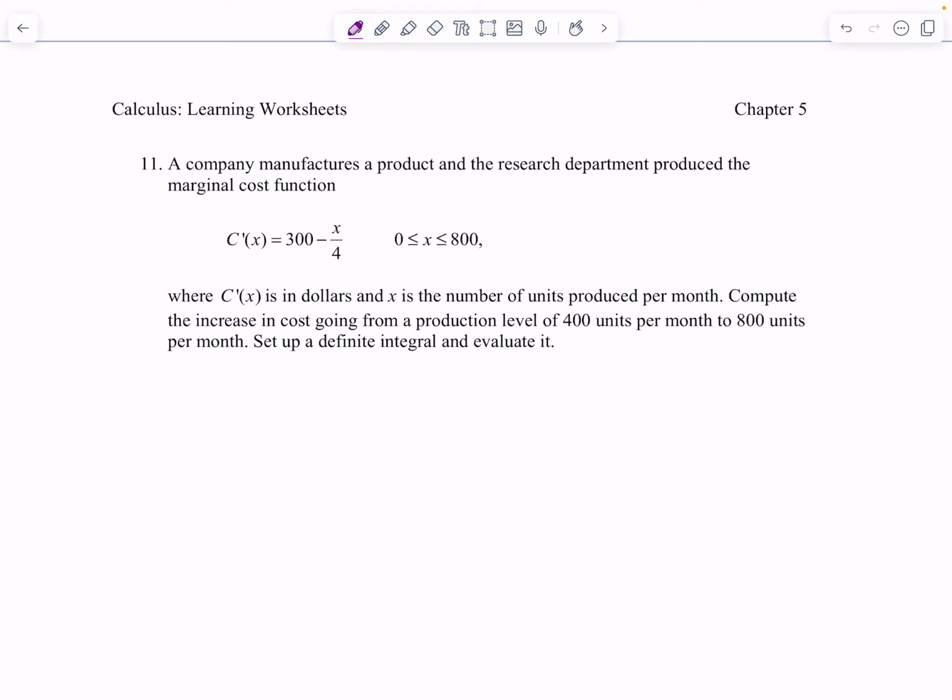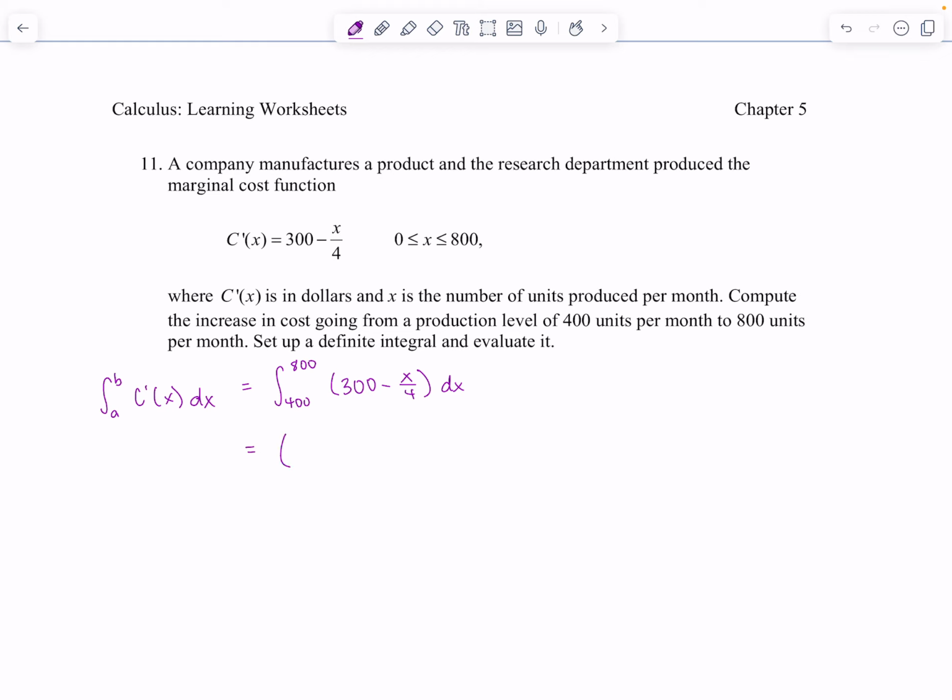Okay, let's start with our integral from a to b of C prime of x dx, which would be, we're going from 400 to 800, and C prime is 300 minus x over 4 dx.